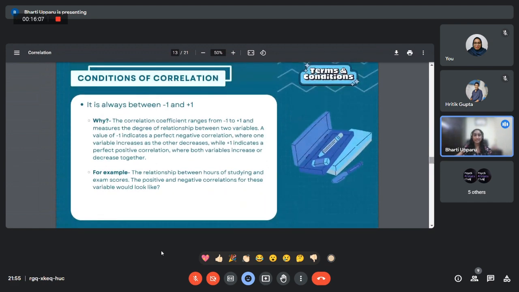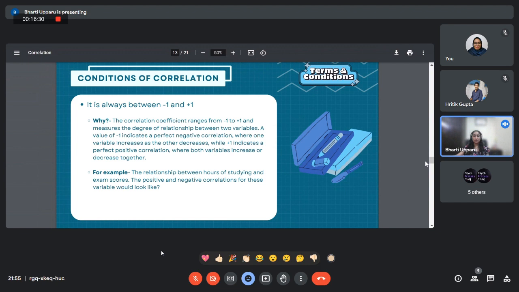The next condition is that it is always between -1 and +1. Any expression of correlation, which is the correlation coefficient, is always between -1 and +1, where plus indicates a positive correlation and minus indicates a negative correlation.